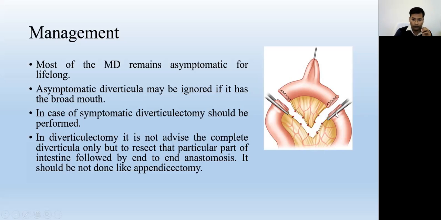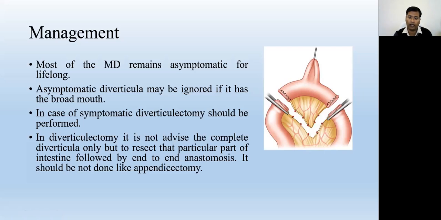So the procedure is just similar to appendicectomy. In appendicectomy, what we do is first localize the appendix, and then start ligating the vessels of the appendix in the mesoappendix.